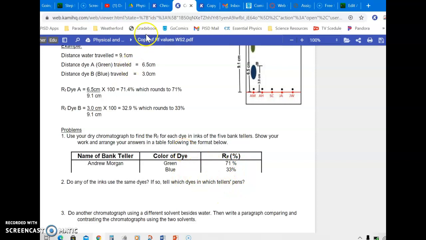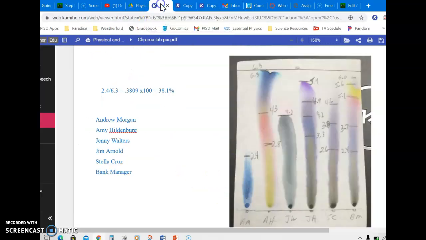You would keep doing that for each of the people. Jenny Walters is only going to have 1 dye. Jim Arnold's going to have 1, 2, 3, 4 dyes. Stella Cruz is going to have 1, 2, 3. And the bank manager is going to have 1, 2, 3, 4, and one more there, 5 on the top. So you're going to have 5.